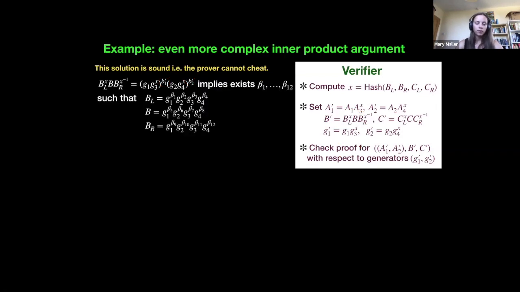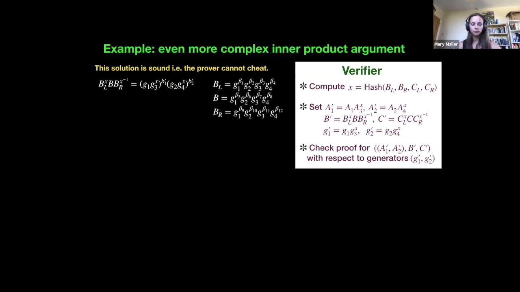And given that this is true, there must exist some representation, some beta 1 through beta 12, such that we can represent BL, B, and BR with respect to our generators G1 through G4. Okay, so just taking away the relevant information there.